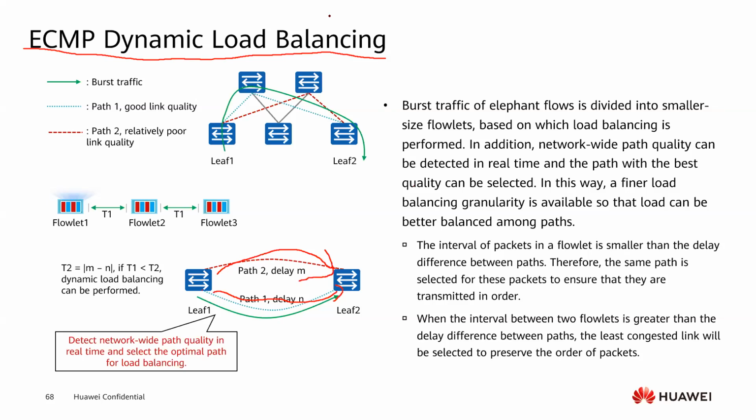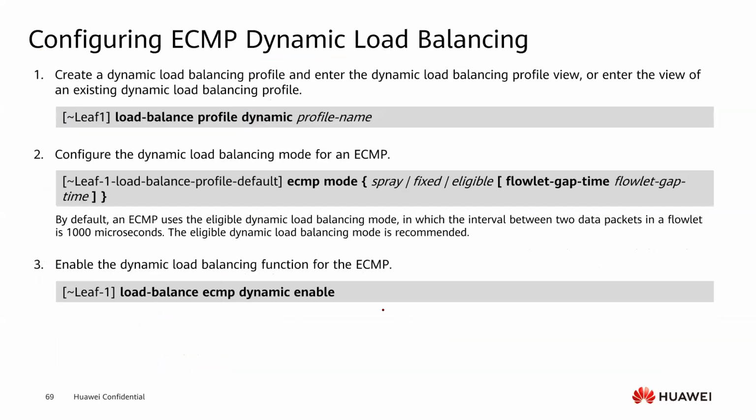If we use ECMP dynamic load balancing, the packets of the same flow can be transported from leaf 1 to leaf 2 on different paths. It matches this condition. Okay.